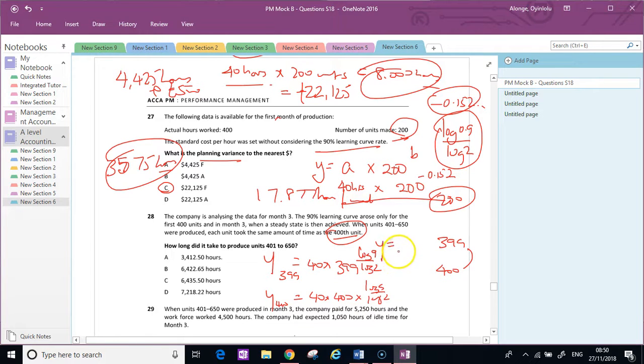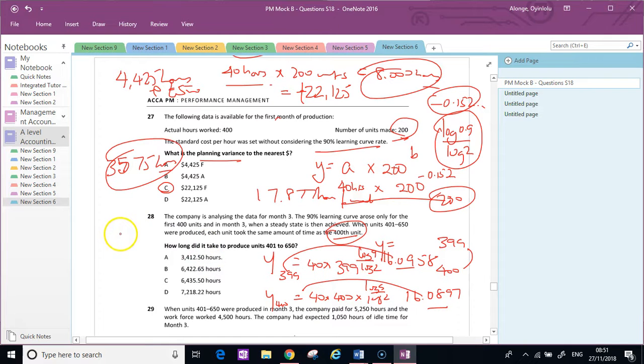When I get my answers, I believe the average for 400 was 16.0897, and the average for 399 was 16.0958. Then you need to multiply these by the actual number of units to find the total time.